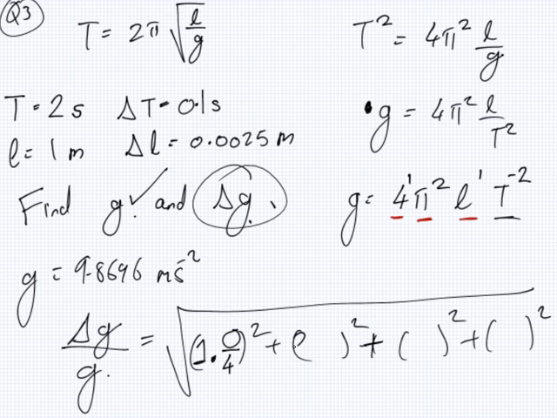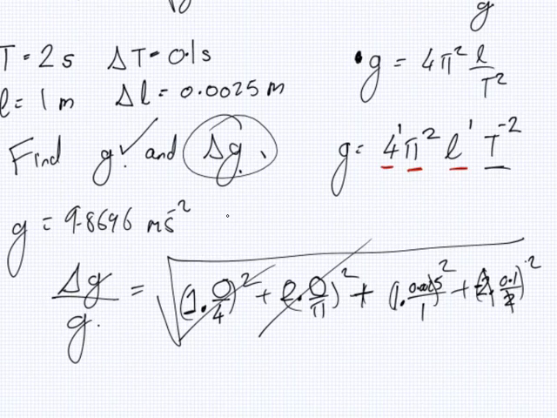Here is 2 times pi, and on the top? 0. Because pi. Here we have 1. On the top we have 0.0025, and on the bottom we have 1. And here that's a minus 2, and on the top we have 0.1, and on the bottom we have 2. Now these cancel.